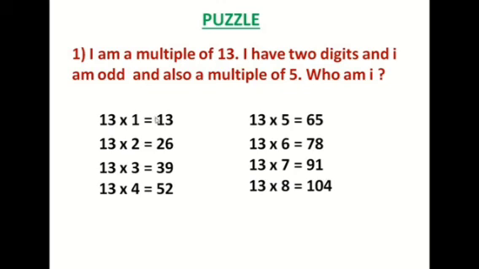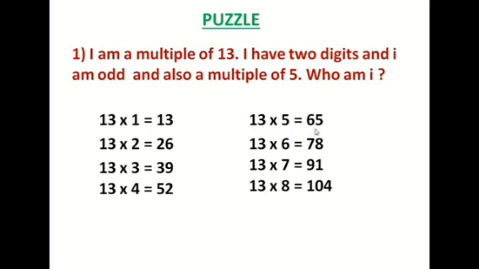So from 13 till 91, please check where all the conditions are fulfilled. I have 2 digits. Okay, fine. I am odd. So which are odd here? 13, 39, 65 and 91. Also a multiple of 5. 13 is not a multiple of 5. 39 is not a multiple of 5. 65, yes. 13 fives are 65.